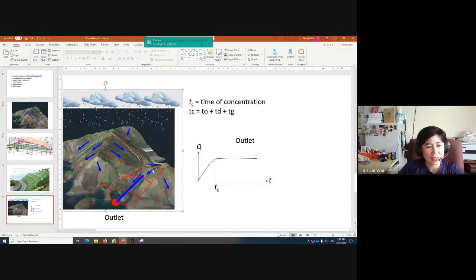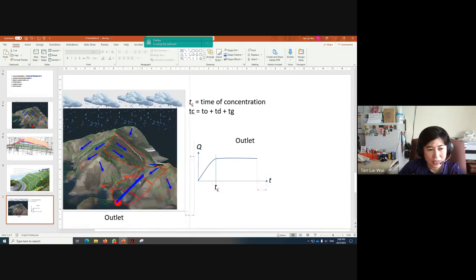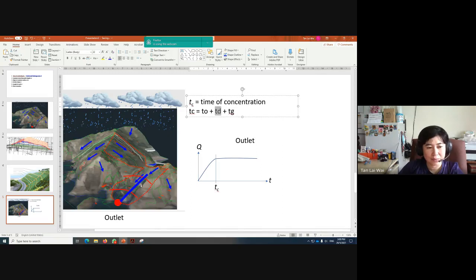I need to find the time that drains into the river, so I need to find TD, because TD is any open channel. It could be a river, drain, or any open channel form.